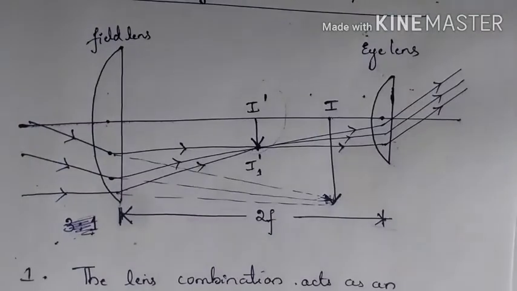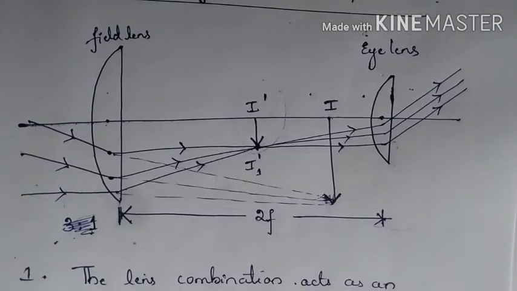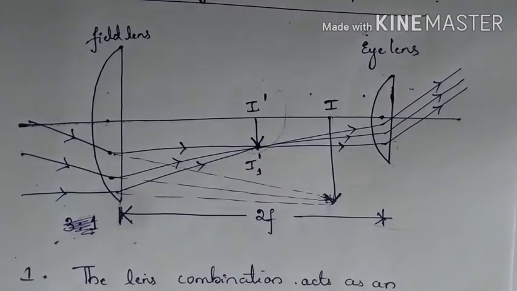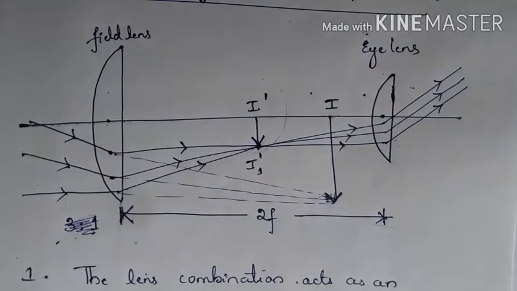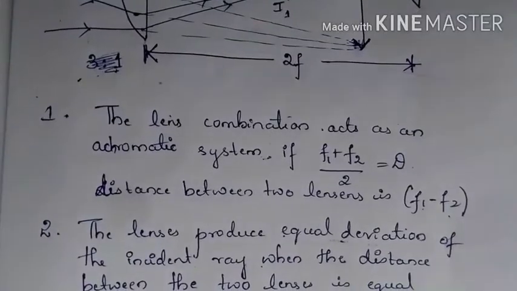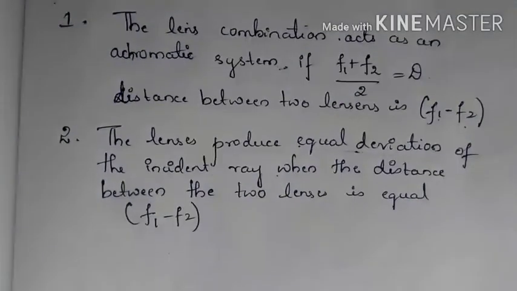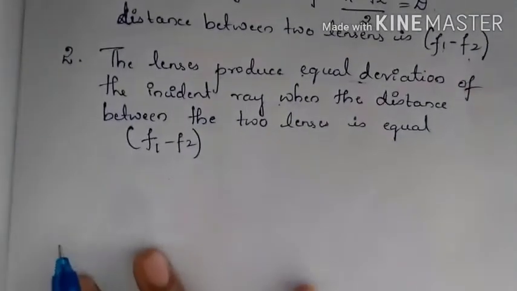Hope this theory is clear to you all. So now next, where did we leave? We left at the conditions to eliminate the spherical aberration. So we learned them. Next, if spherical and chromatic aberration are to be minimized, then there are conditions.